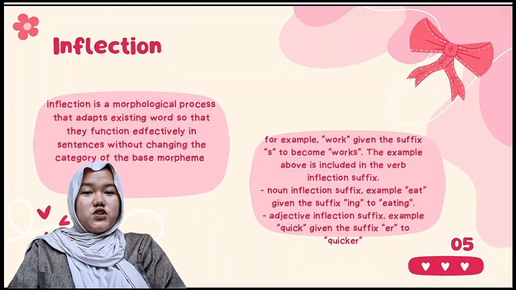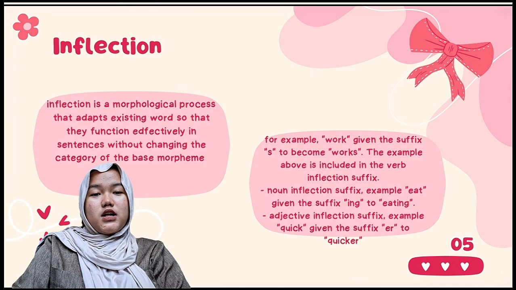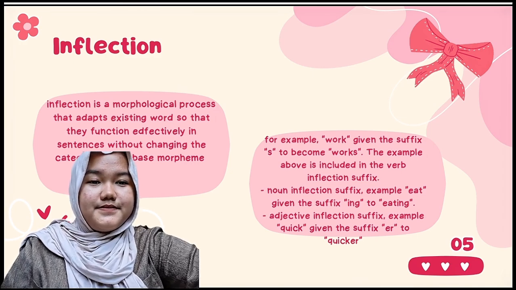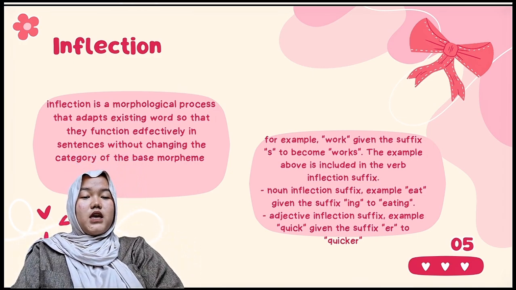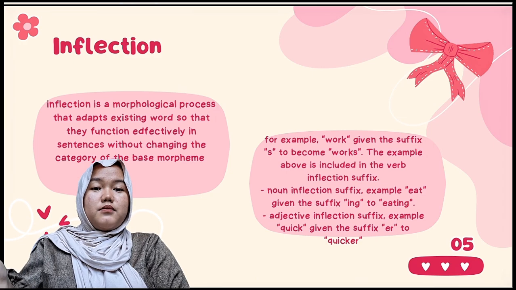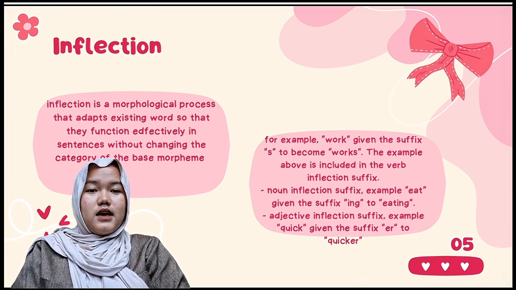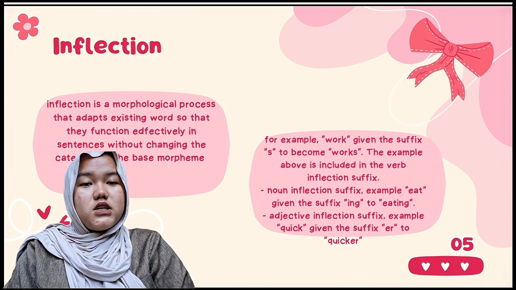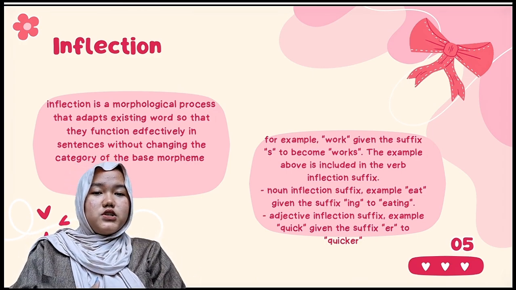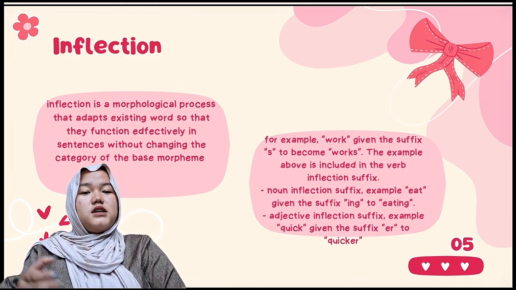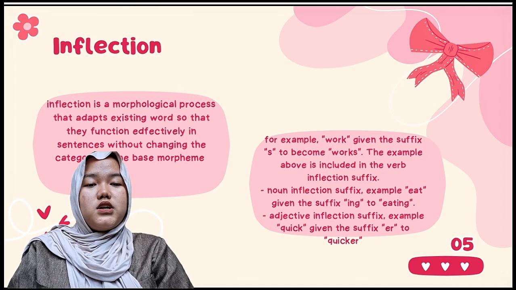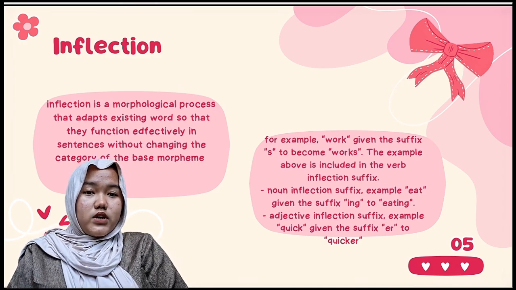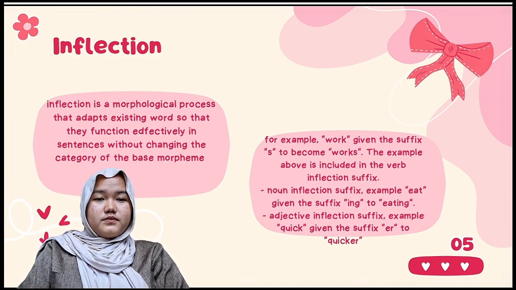The next material is morphological inflection. Inflection is a morphological process that adapts an existing word so that it functions effectively in a sentence without changing the category of the basic morpheme.